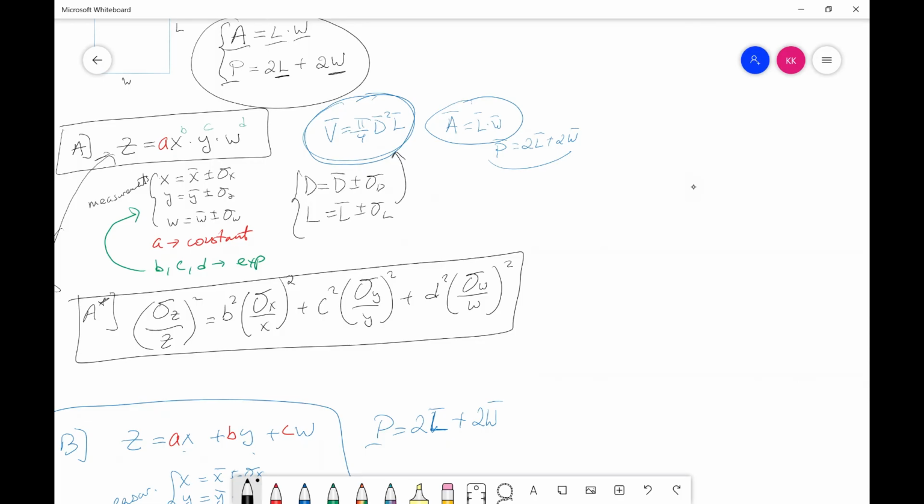But what I need right now is to find the uncertainty in the volume. That's one thing that I couldn't do using equations 1 and 2.